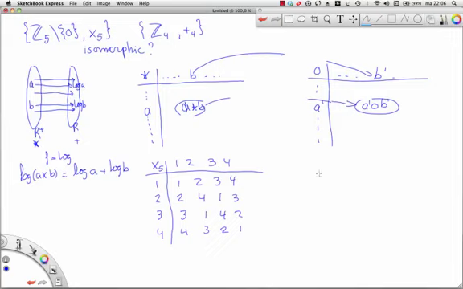Now, if I compare this with the Cayley table of the other group, the operation is addition modulo 4, and the elements I have are the first 4 elements of Z being 0, 1, 2, and 3.